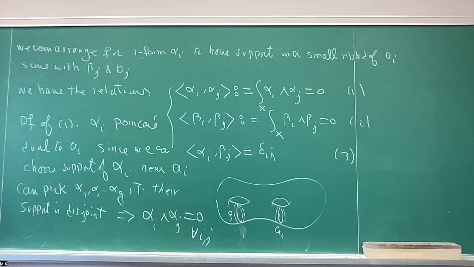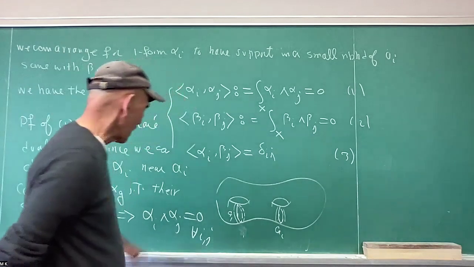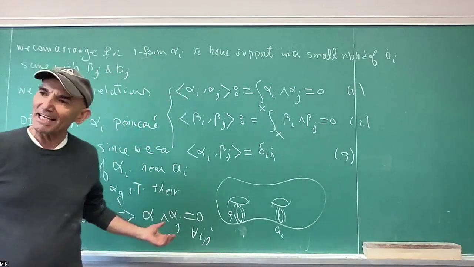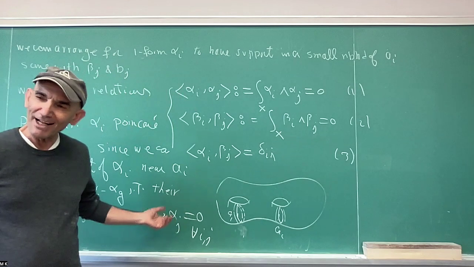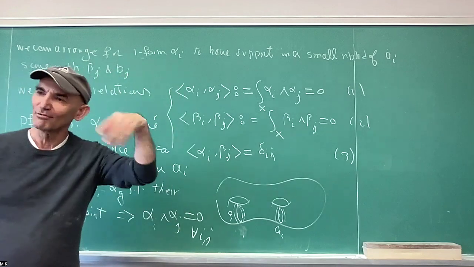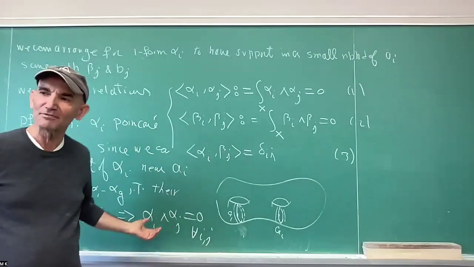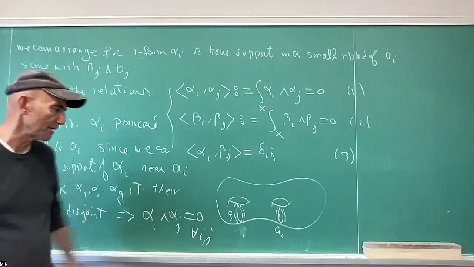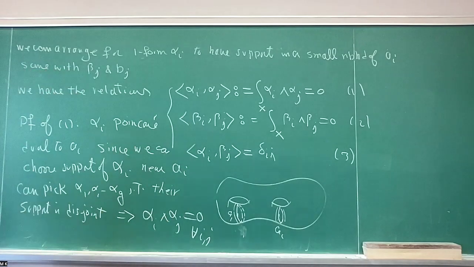Alpha wedge alpha is 0, because the wedge product is a graded antisymmetric product. For one-forms, alpha wedge beta is equal to minus beta wedge alpha. So in a way, this is the algebraic analog of the perturbation argument that we were using for cycles. Here we don't need that kind of argument. This is straightforward.